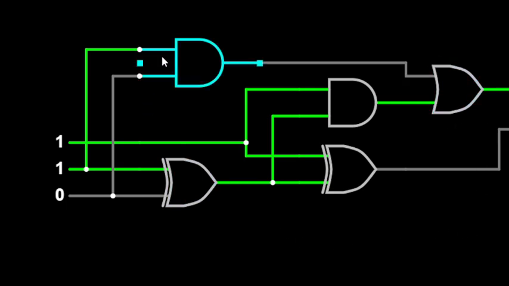The first half adder calculates the sum of two bits, while the second half adder computes the sum of the outputs from the first adder, as you can see here, and the final OR gate combines these results here. And this generates the total sum here.